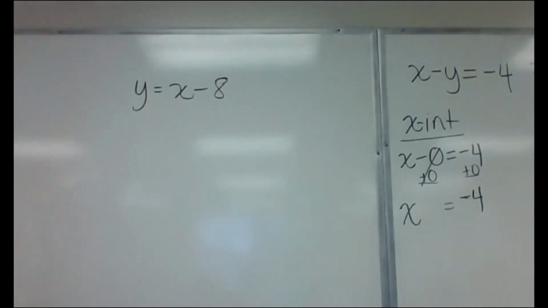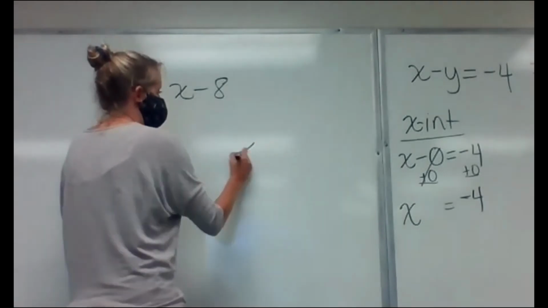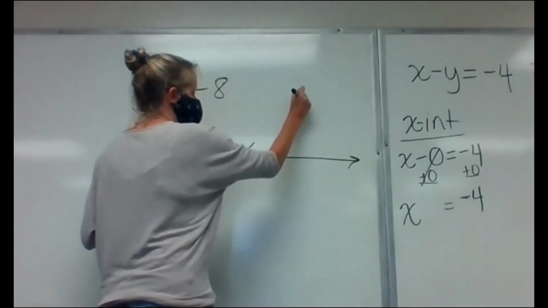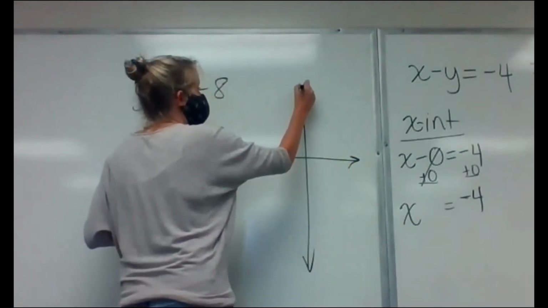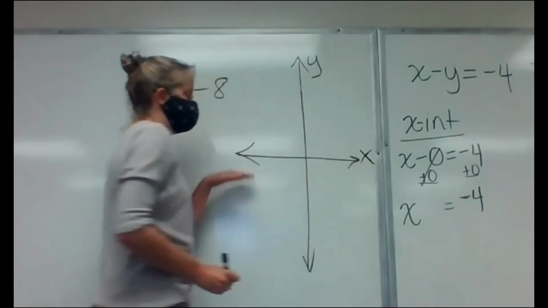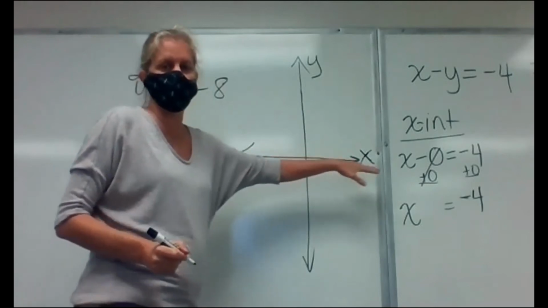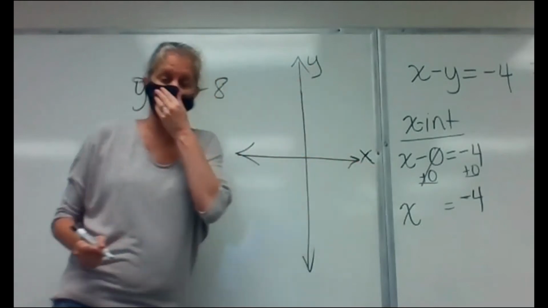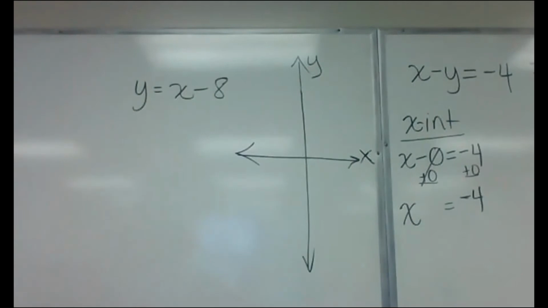So if I'm going to graph this, and it says using intercepts, which means I need to find out where it's going to cross the X-axis and where it's going to cross the Y-axis.